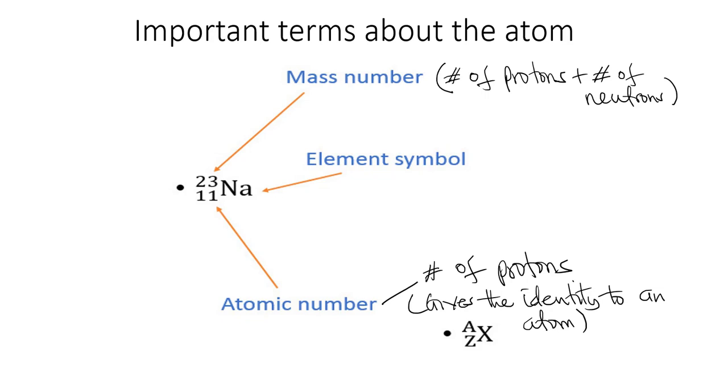If an atom has 7 protons, you know that the atom has the atomic number of 7, and therefore that atom is nitrogen. So the atomic number is the identity of an atom. If you change the atomic number, you have changed the atom altogether.